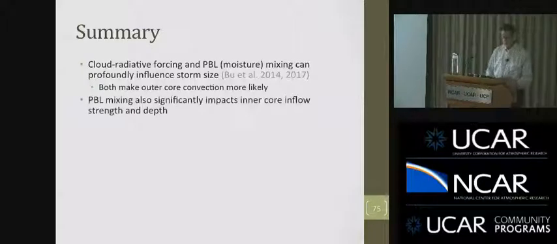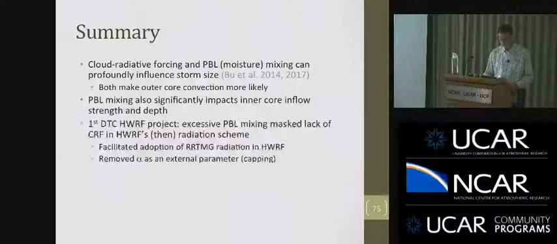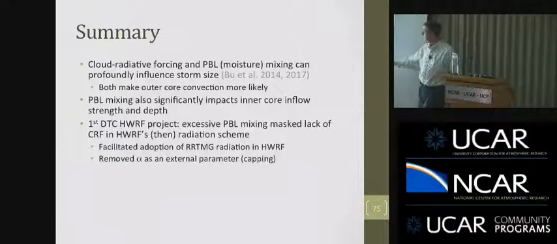Okay. PBL mixing also significantly impacts the inner core inflow strength and depth. Seems to me that those are important things to try to get right, and it definitely varies with respect to PBL schemes. Okay. Our first DTC HWRF project basically demonstrated or was able to conclude that excessive PBL mixing masked the lack of cloud radiative forcing in HWRF's radiation scheme that they used then. So this did two things.